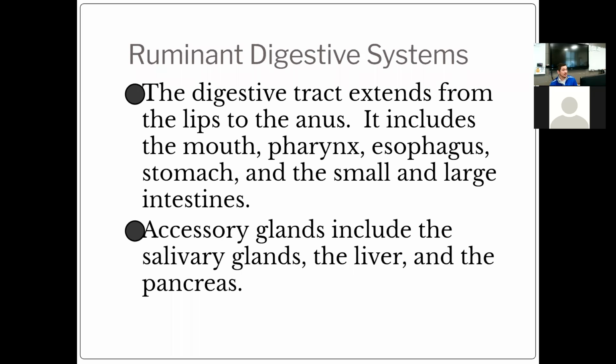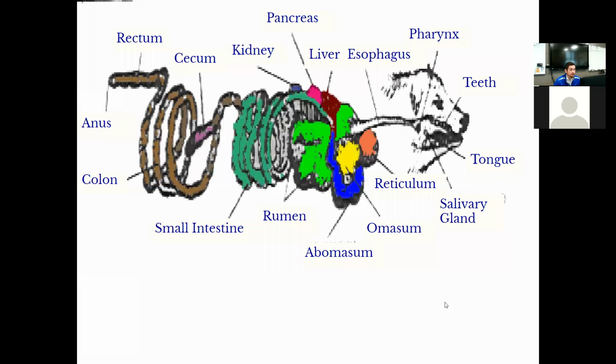Again, I want everybody to be copying these down in that notes page. So if I'm going too fast, do not hesitate to either put something in the chat or raise your hand quick and I can slow down. So here's a picture of that. Obviously, this is a little fuzzy, but it does give you an idea of where all of these things are.